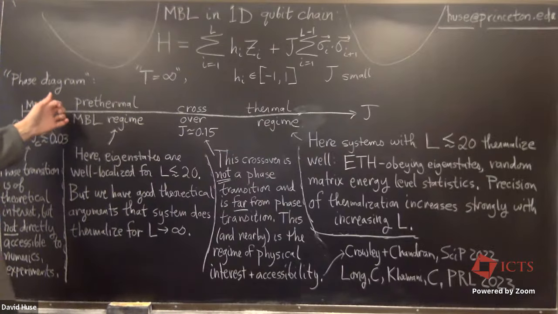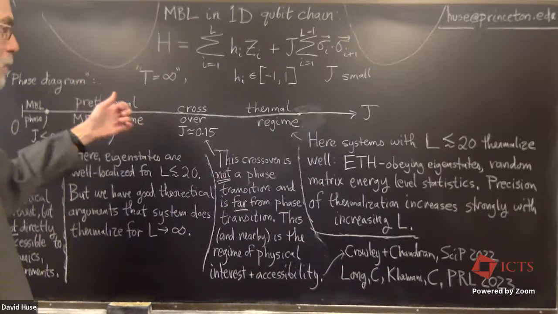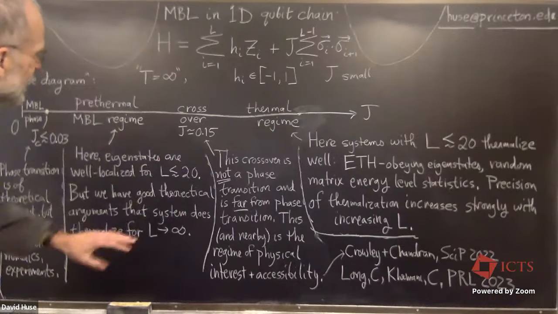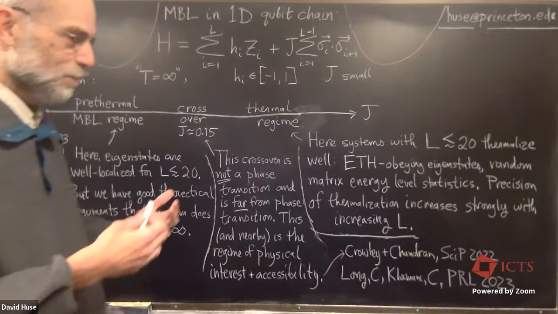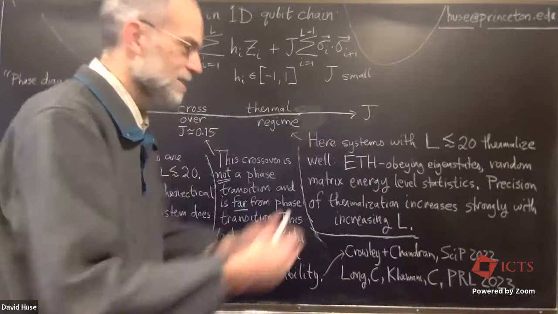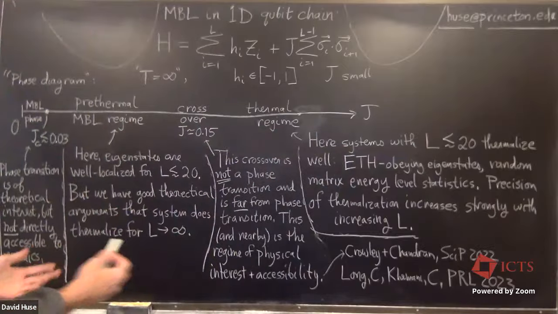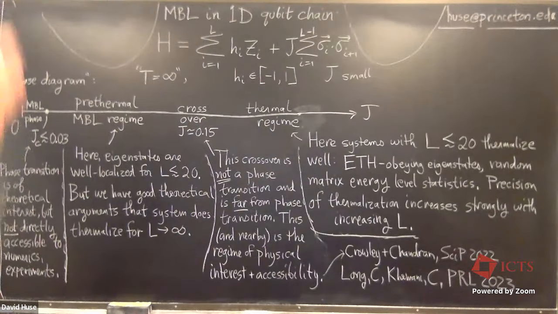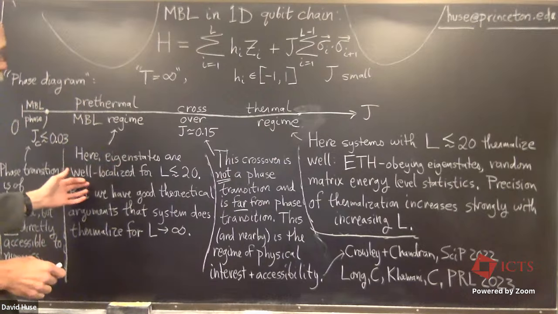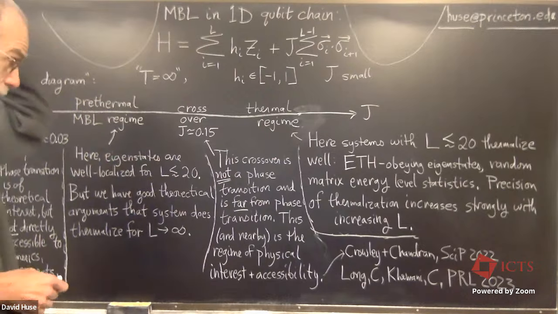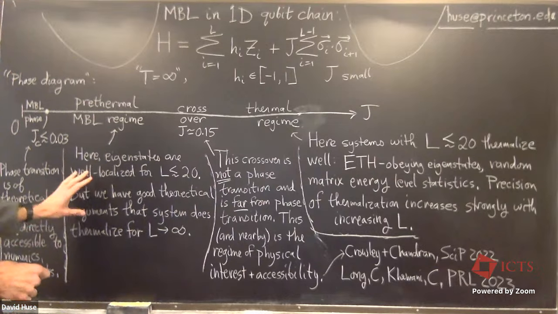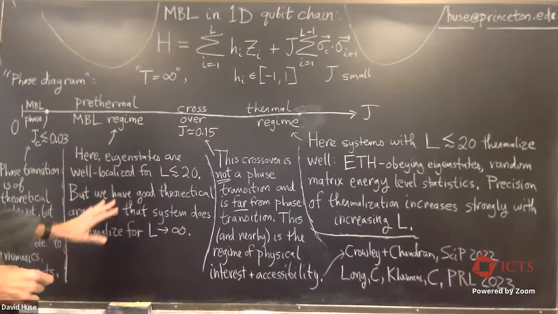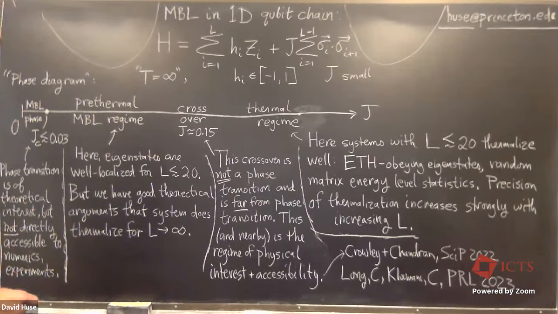The idea is that it thermalizes, but on the scale we're studying, it looks like it's MBL. So MBL is its behavior before it thermalizes at much larger system sizes and much longer times than you can get to. Here the eigenstates are well localized for the size systems you can study, but we have good theoretical arguments that the system does thermalize.